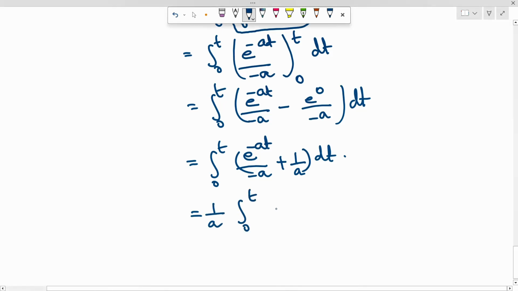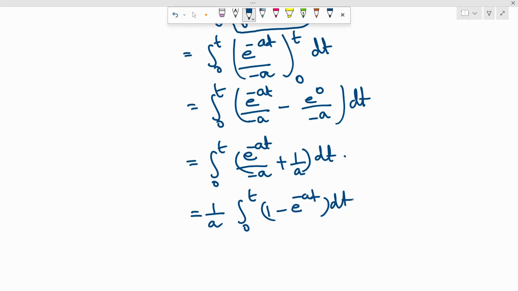Integral 0 to t. We can write the second term first because it is positive: 1 minus e power minus at, dt. Now we can easily integrate with respect to t.